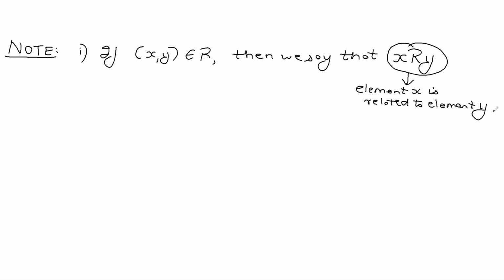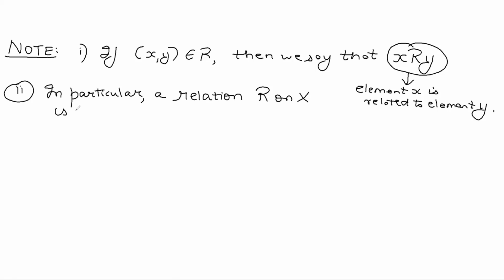Second note. In particular, a relation R on X is a subset of the Cartesian product X cross X. So guys, when I say consider a relation on X, what does this mean?